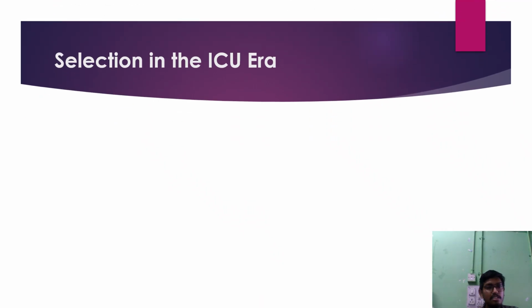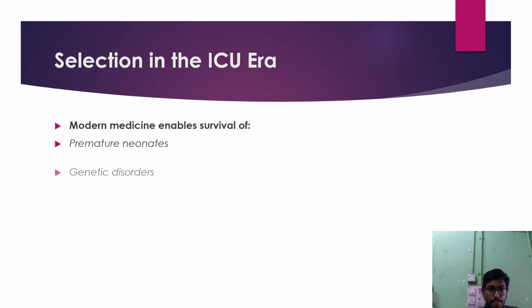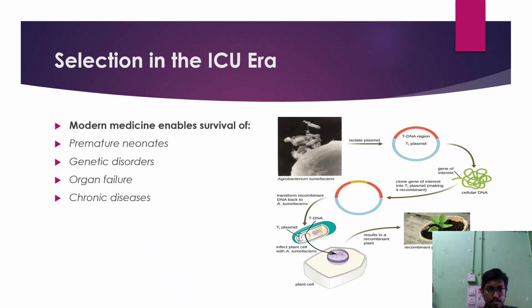now in the ICU era, the selectivity is very low, and modern medicine enables the survival of premature neonates, genetic disorders, organ failure, and chronic diseases. For this I have put a picture. There is Agrobacterium tumefaciens.